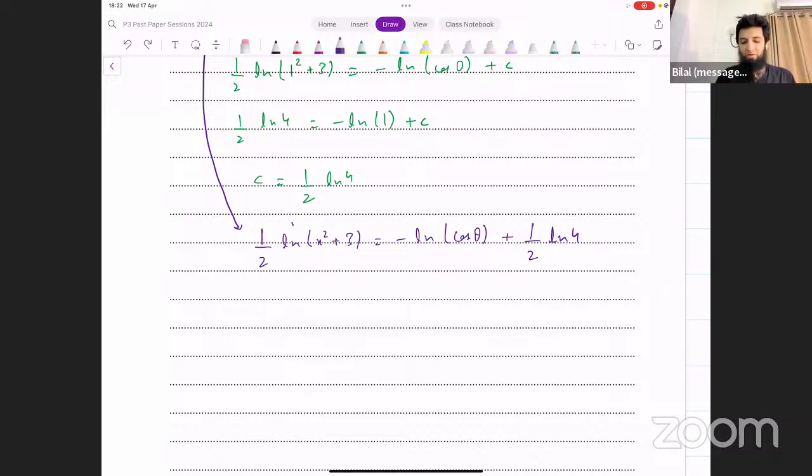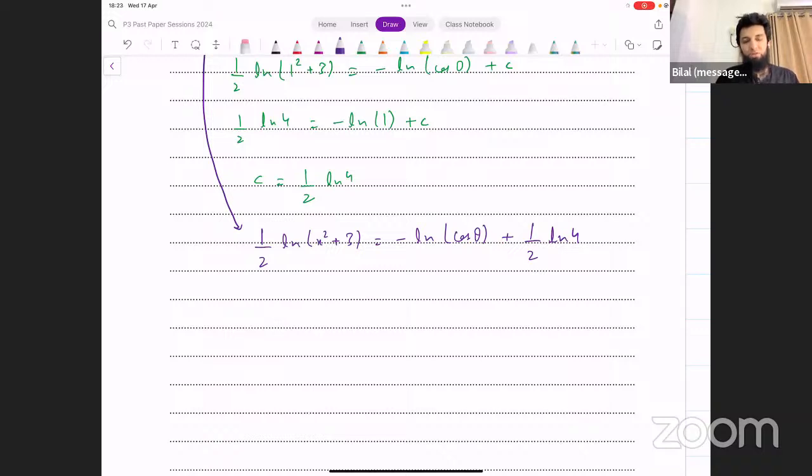We have to get rid of this ln as well. How do you do that? Every single term has ln in it. What you should do is somehow get rid of ln. How can you do that?